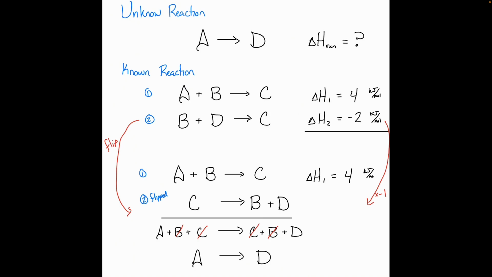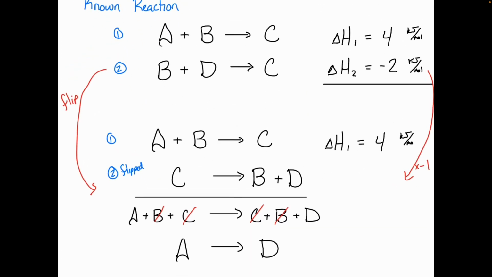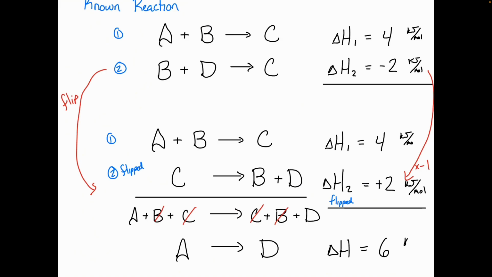If energy is going in one direction, that means that it's being absorbed in the other direction. So now my delta H of that second reaction that's been flipped is equal to +2 kilojoules per mole. So when I sum this up to get my delta H of my unknown reaction, I get a value of positive 6 kilojoules per mole.